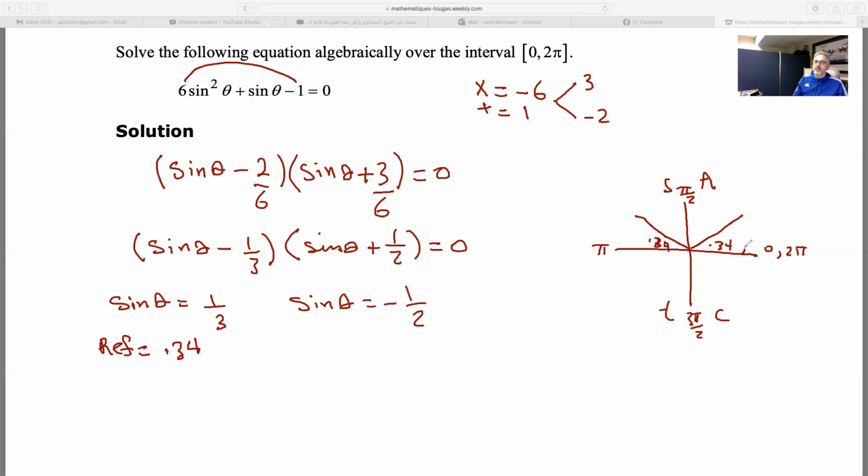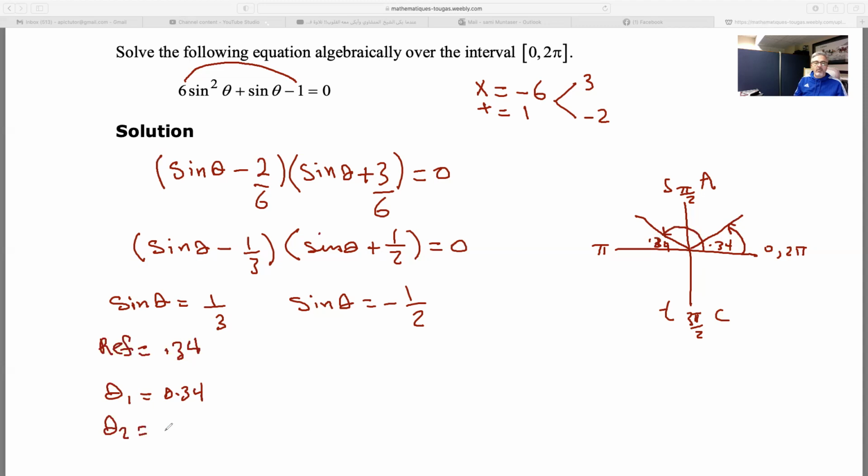Now always you're measuring the angle from 0. So your theta 1 right here, the first angle, is 0.34, because if your angle is in the first quadrant it is the same as the reference angle. The second one you measure from 0 again to here. So for theta 2, you go all the way to pi and take away that 0.34.